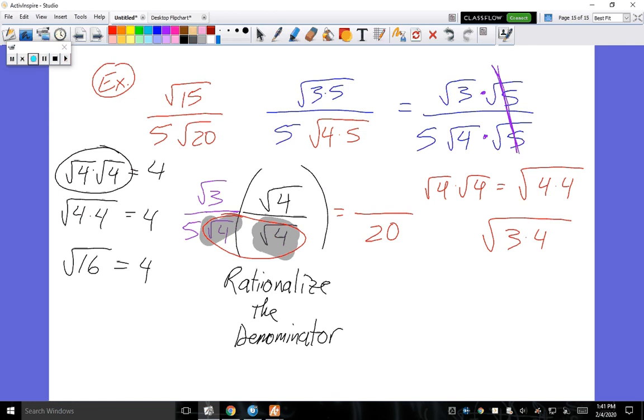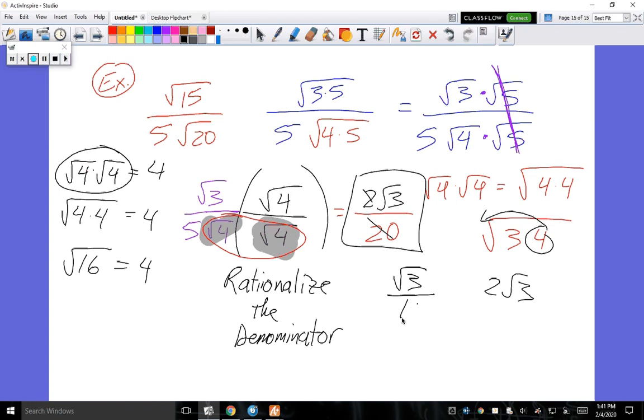So this 4 can now come out as a 2, so that your answer would be 2 root 3 over 20, but it's not simplified fully because I could reduce 2 and 20. This would be the answer. You will have to go back and watch the video, possibly. No worries. But I want to make sure that we have a couple more example problems shown.